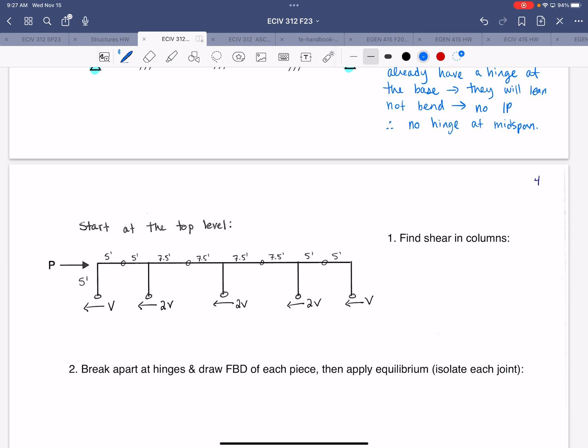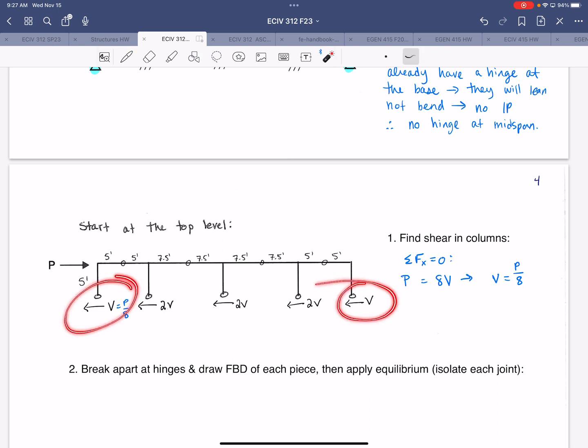To find the shear in the columns, we sum forces in X. So we have the applied load P equal to 8V, so V is equal to P over 8. Those exterior columns will take a shear of P over 8, and the interior columns will take a shear of P over 4.